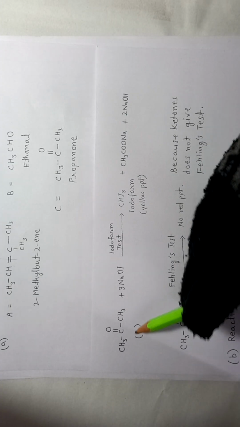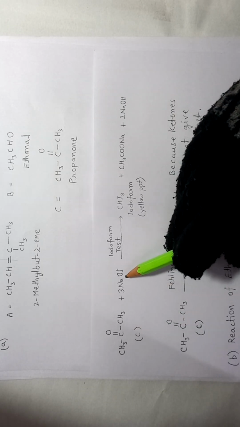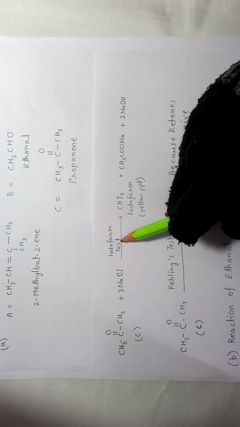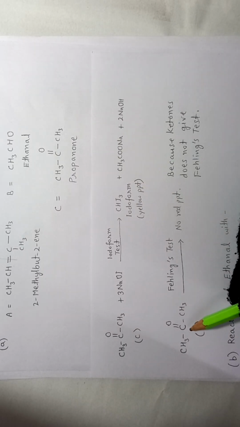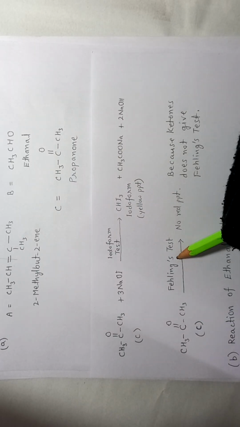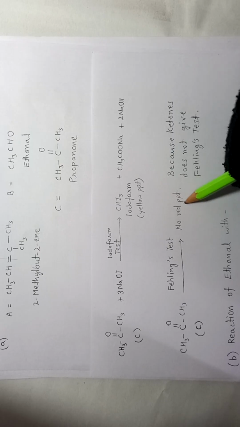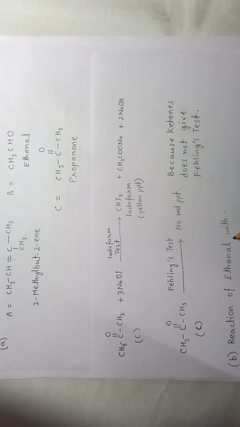Next, students, reactions of C, that is acetone: with the iodoform test we get iodoform, a yellow precipitate, and when acetone is treated with Fehling solution, there is no red precipitate, because ketones don't give this test.